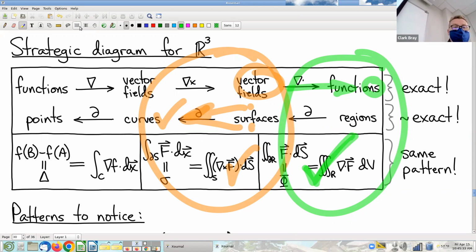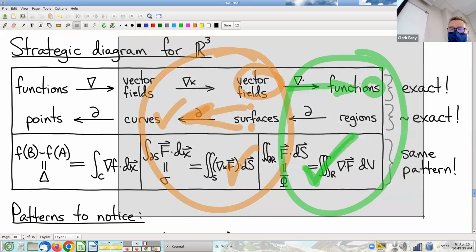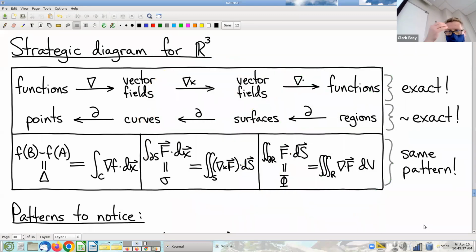So for example, if you find yourself trying to remember, wait a minute, how do I connect a vector field that's path independent with a vector field that's surface independent, and what does that have to do with divergence? Think about path independent vector fields, think about what goes on over here, and whichever argument fits with that.